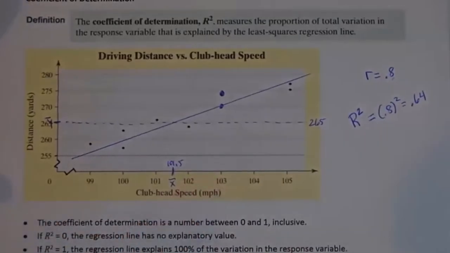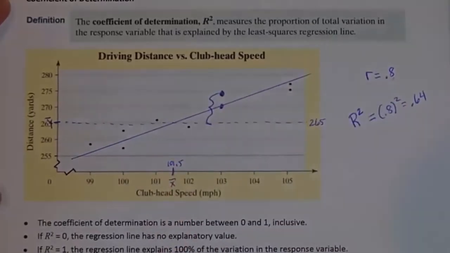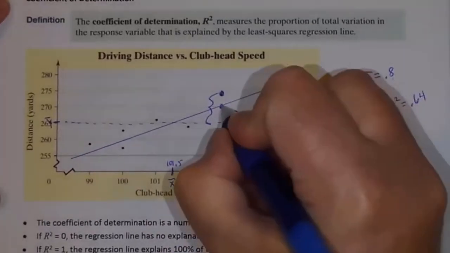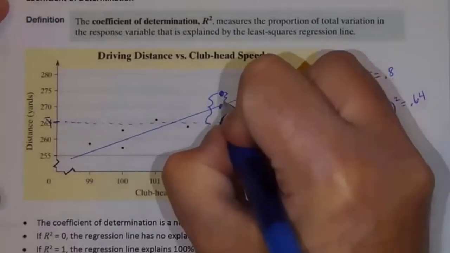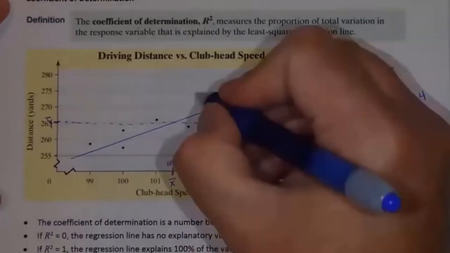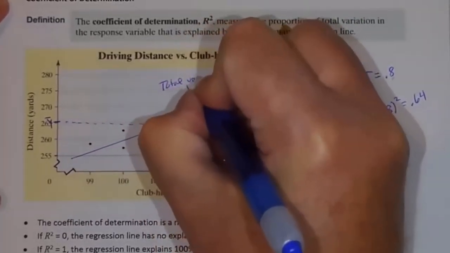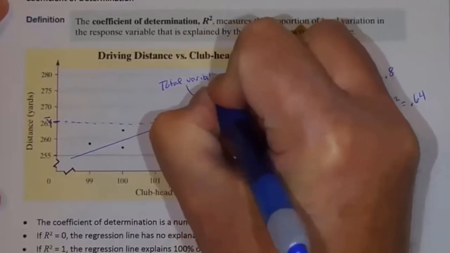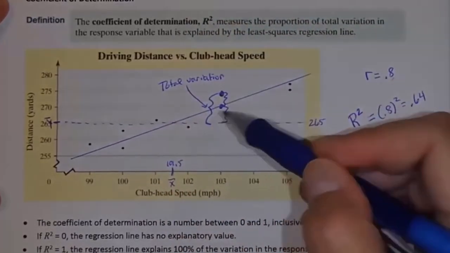So here's the idea. This point right here is varying from average. Part of that I can explain with the regression line, but part of that I can't explain. So this right here is the total variation. That is how much this point is varying from average.